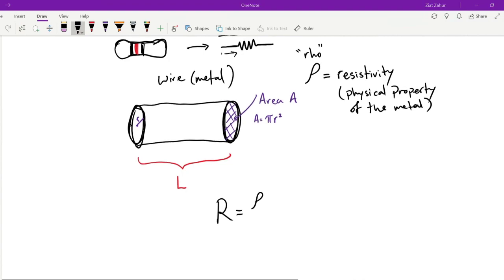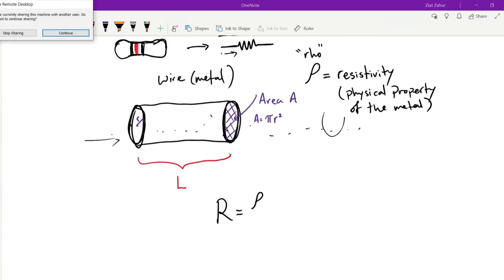So it's rho times L. It turns out the longer your wire, the more resistance you have. Imagine trying to go through this: if it's a much longer wire, you're going to crash into more atoms, which slows you down. Therefore, the longer the L, the higher the resistance.